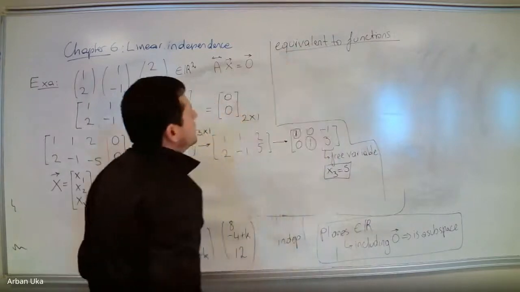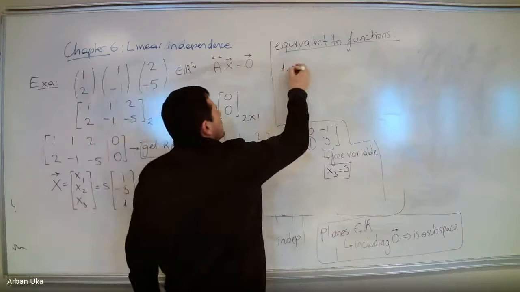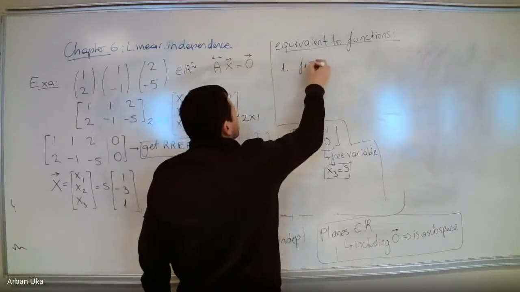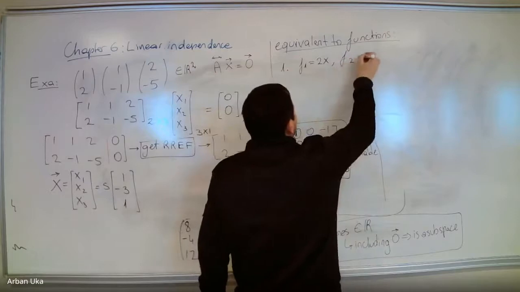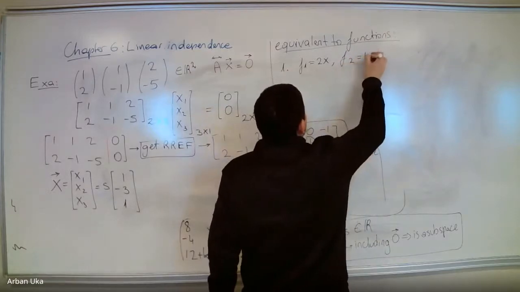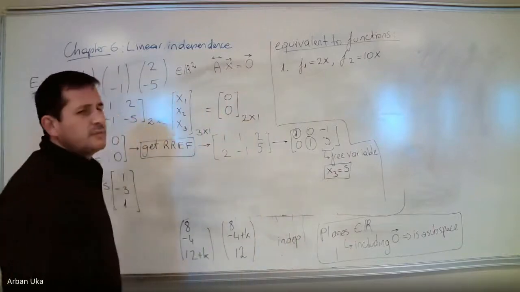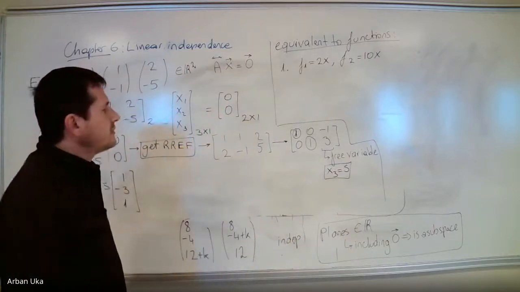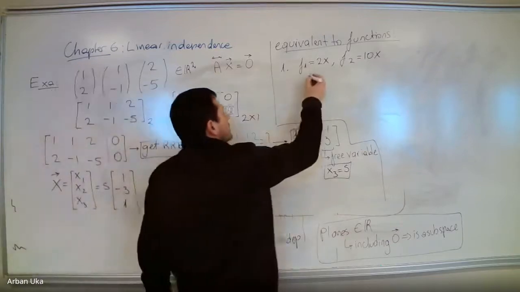So what we mean here is that we can ask the following question. Assume that we have function f1 equal to 2x and function f2 equal to 10x. Are these two functions linearly dependent or independent? How do you define that? We say the following, the definition.